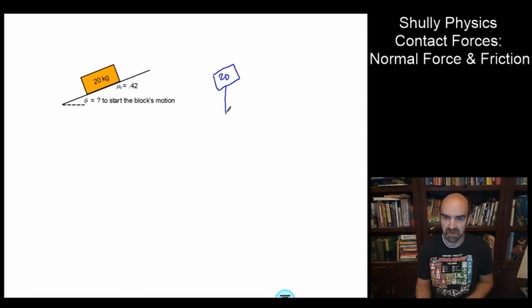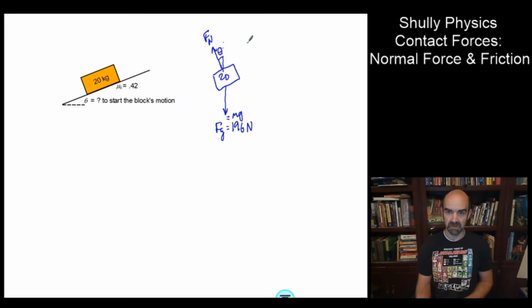Draw a force diagram. There's its weight going straight down, which is again going to be 196 newtons. Okay, that's mg. Just calculate that. Normal force is going perpendicular to that slope. You've got an angled force, so let me put that in.